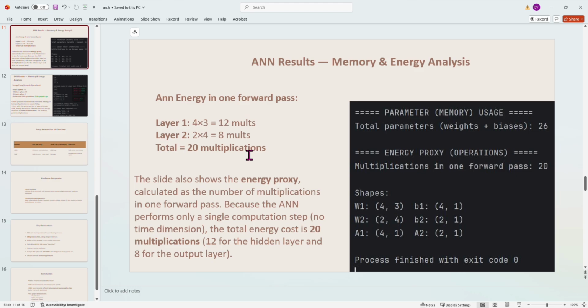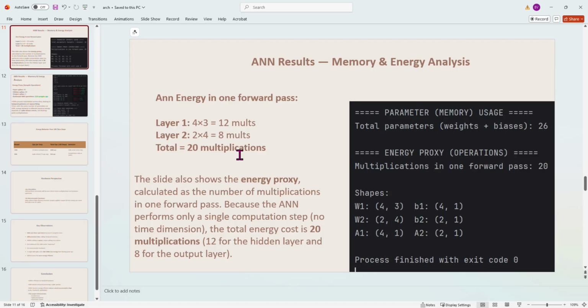So what this means is ANN memory is fixed and it depends only on the number of parameters. ANN energy consumption is also fixed because it always performs the same number of dense multiplications. There is no sparsity, no skipping, and no time dimension. Everything is computed every time, whether needed or not.